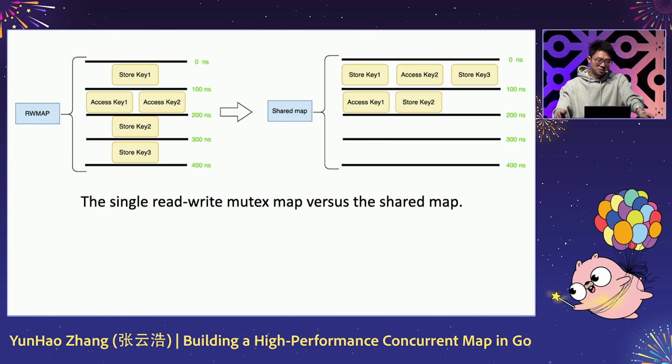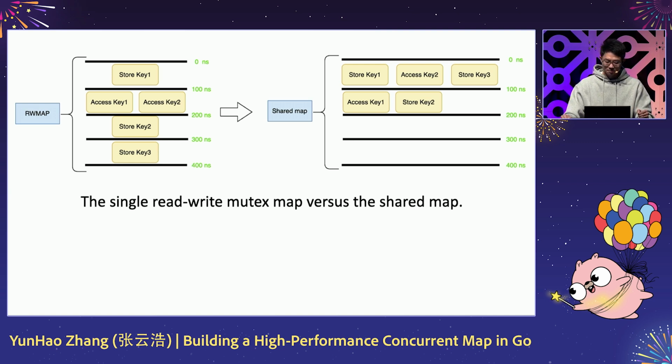So let's compare the single read-write mutex map to the shared map. We can see that previously we used 400 nanoseconds to execute 5 operations, but now we only need 200 nanoseconds.